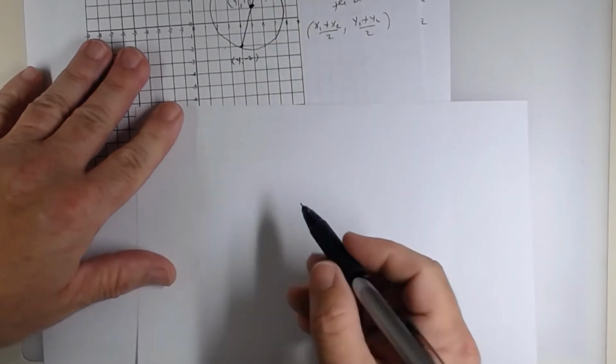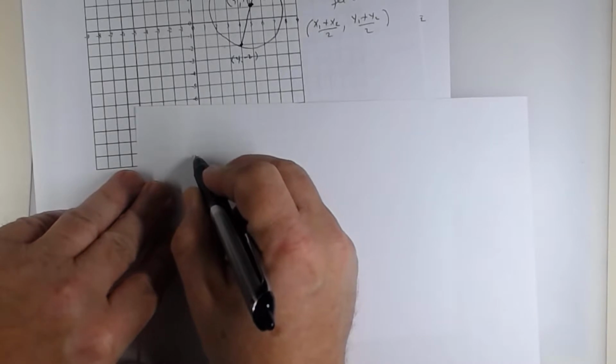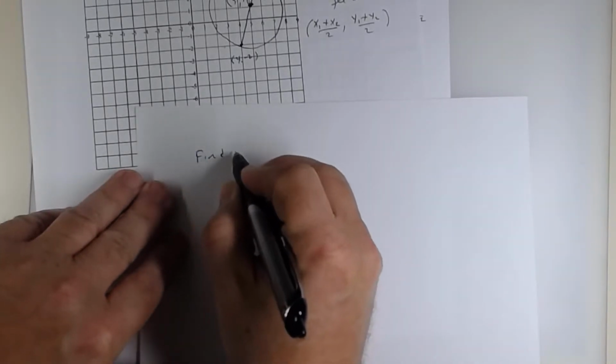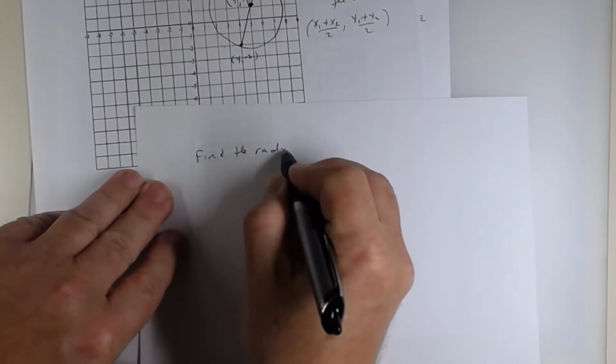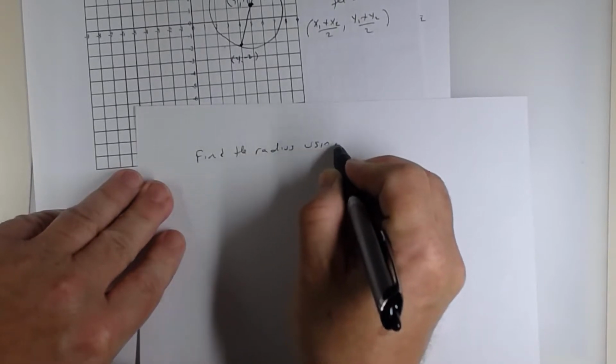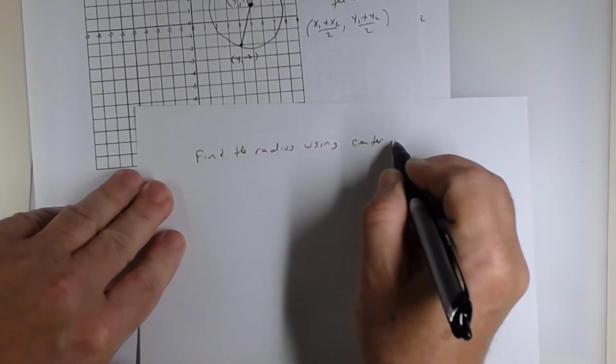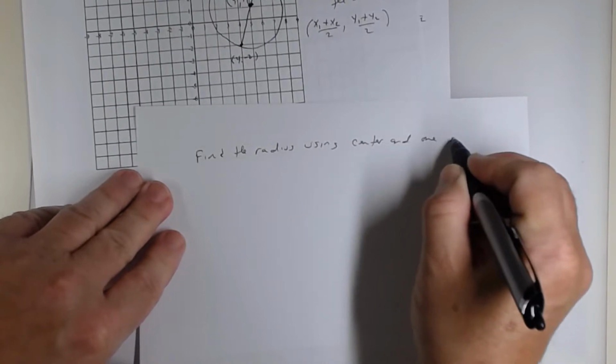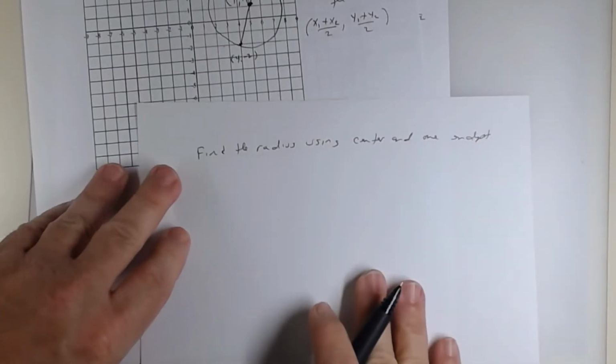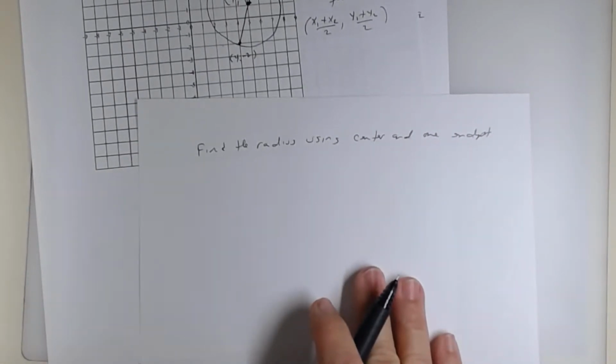I'm just going to use one of them. Let's just use the 6, 4. So let's find the radius using the center and one endpoint. You get the same answer, and it's up to you what you use, but you may want to just stick with everything in terms of the diameter.